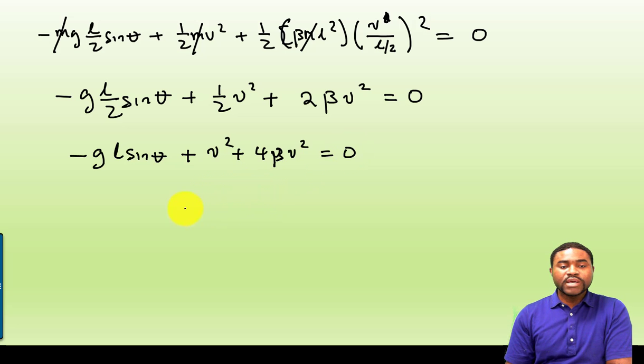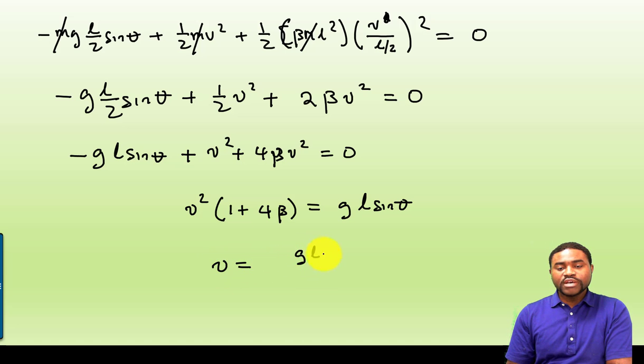This would imply that v squared bracket 1 plus 4 beta should be equal to gL sine theta, and therefore the speed v will be equal to the square root of gL sine theta divided by 1 plus 4 beta.